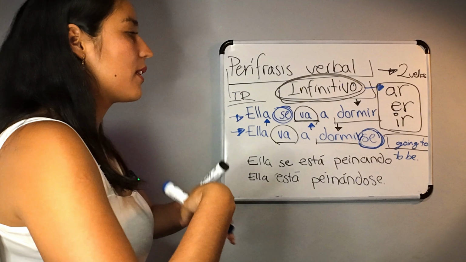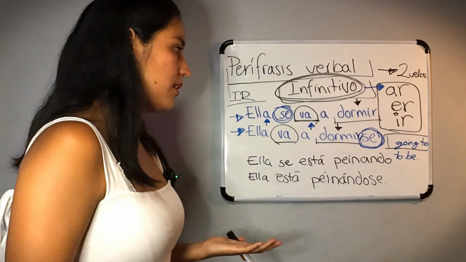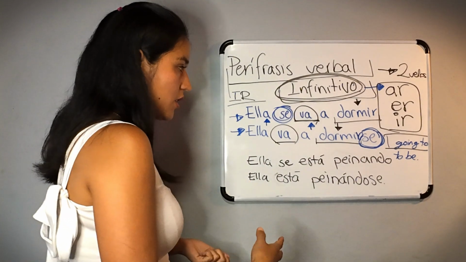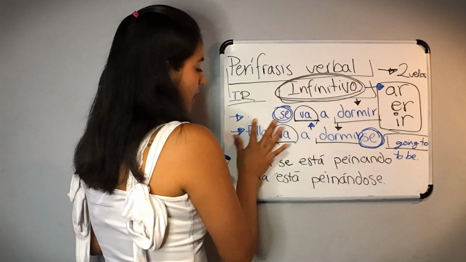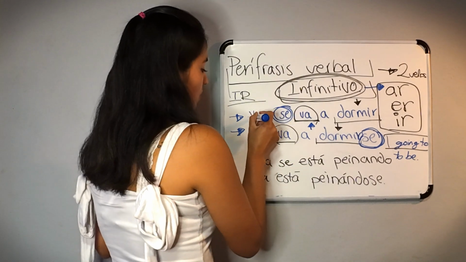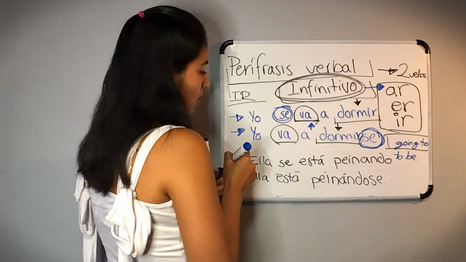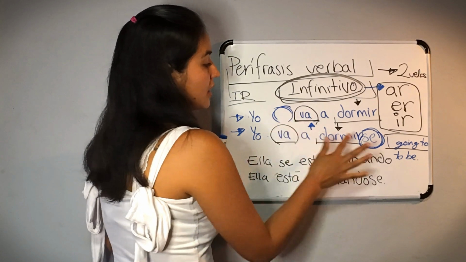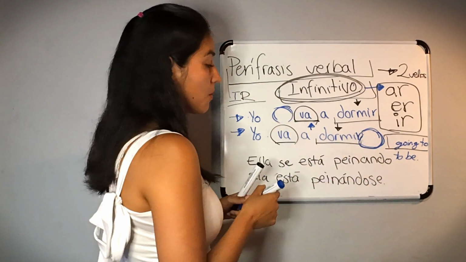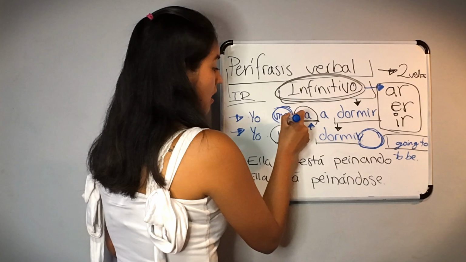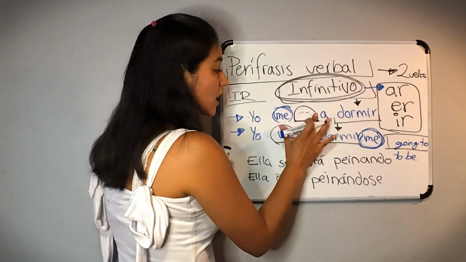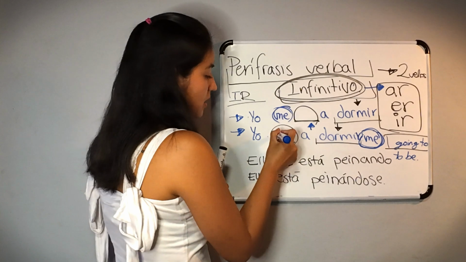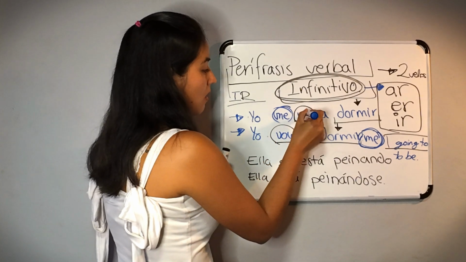What happens if it's another pronoun? Easy peasy. We just change it. How is it going to change? Check this. Instead of ella, I'm going to use yo. Of course, I have to change this one because it's not the reflexive pronoun that matches me. And I also have to change this one because it doesn't match with me.